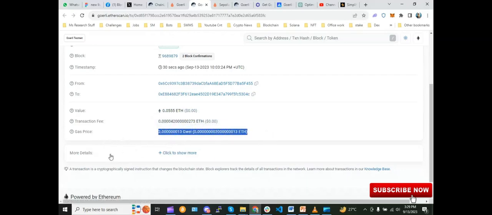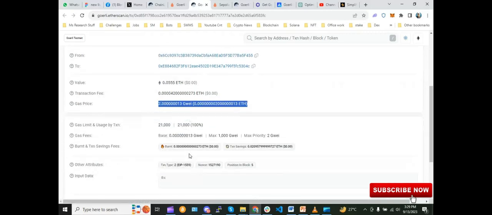We will discuss the gas fee in more detail, so don't worry about it for now. Gas limit as well. Over here, how many ETH are burned and how much is saved. Transaction savings. Okay. You can see the transaction type over here and the nonce over here, like what we discussed already.